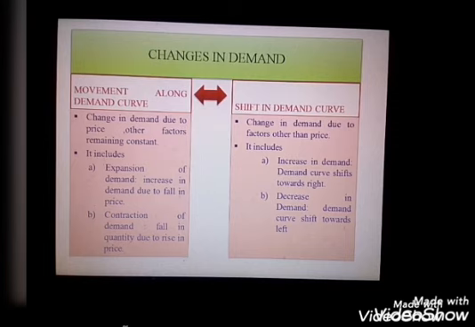It includes increase in demand and decrease in demand. Increase in demand means the demand curve shifts towards the right due to favorable changes in factors other than price. Whereas in decrease in demand, the demand curve shifts towards the left. It is due to unfavorable changes in the factors other than price.